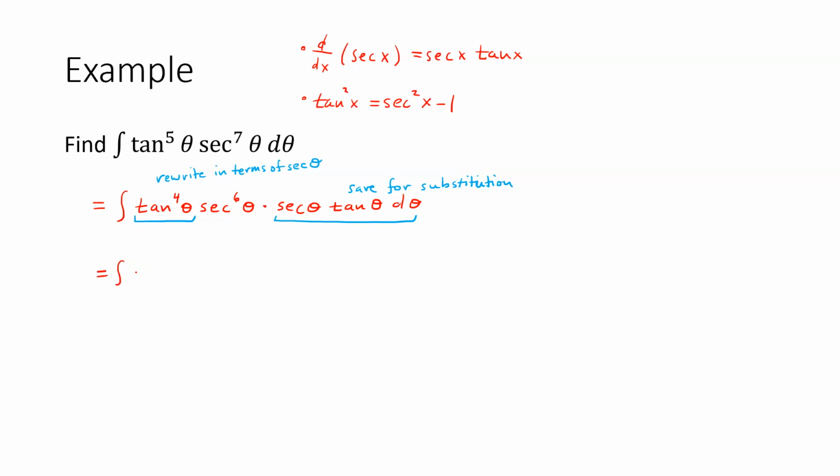So tan to the fourth, I'll rewrite as tan squared, squared, and then tan squared becomes secant squared minus 1.